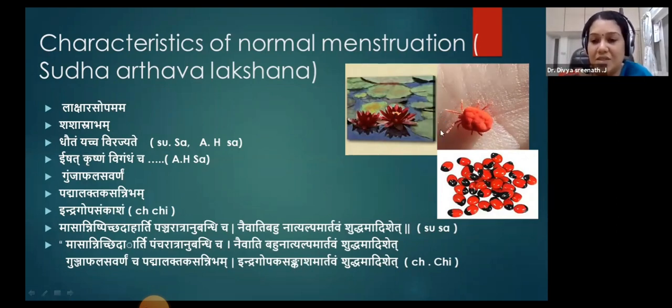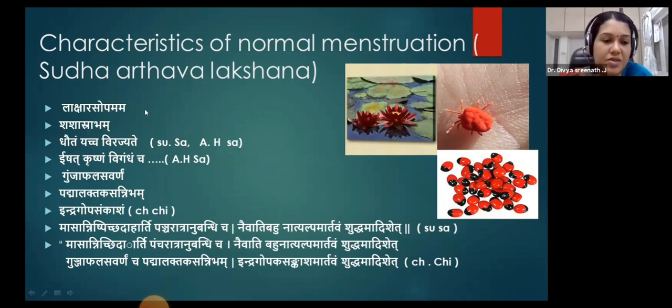This is the red velvet insect. So if the color is similar to Padmalaktaka, Gunjaphala or Indragopa, then only is it considered Shuddha Artava, a normal menstruation.